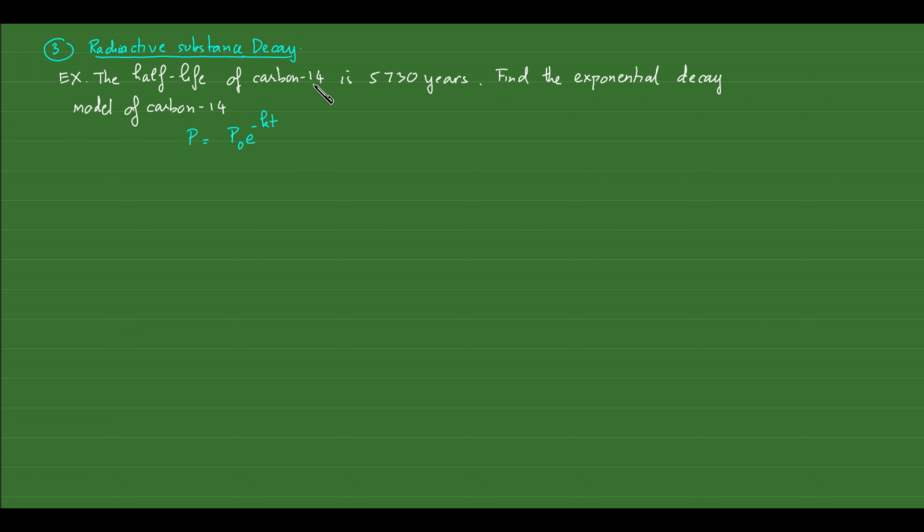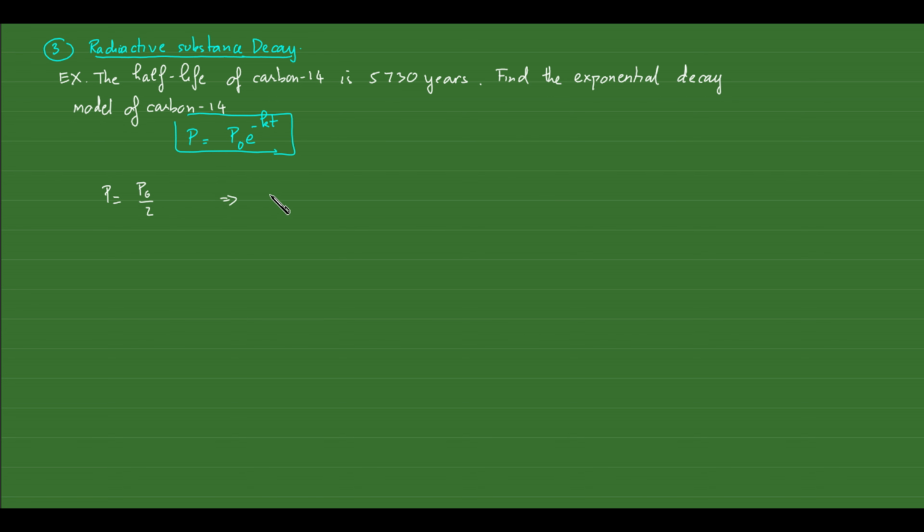Because they give you the half-life of carbon as 5,730 years, half-life means P will be P0 divided by 2, right? So we're going to plug it in. I'm going to box this formula for k.